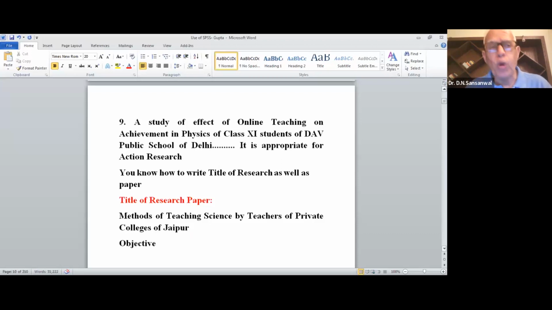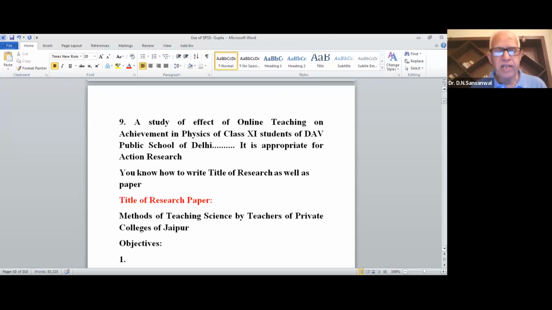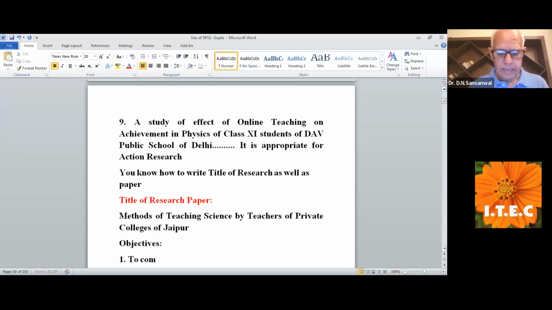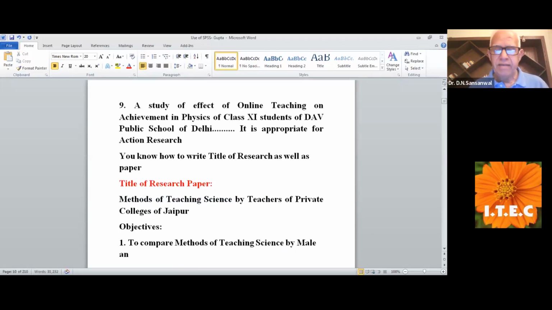It's better to write objective when it is one. But if you say objectives, then it has to be more than one. I can write many objectives for this. Say I'm writing like this: to compare methods of teaching science by male and female teachers.